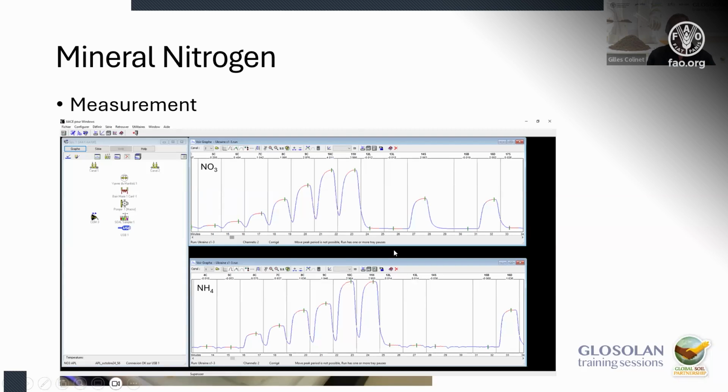So one is for the nitrate and one is for the ammonium. That one is the standards, I guess, that are passing, and then after you have the samples, and if they are between the maximum and the minimum, it should be okay. And so we have directly the results in nitrate or ammonium and not in absorbance.